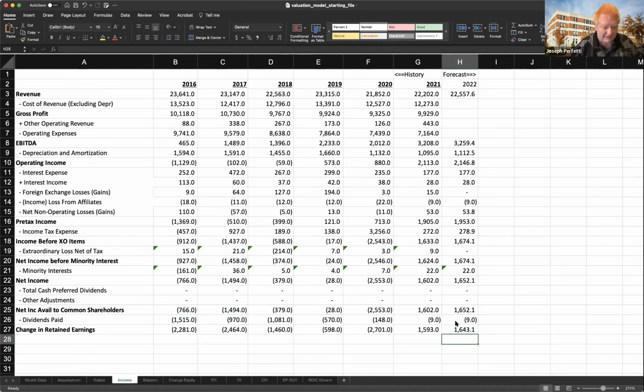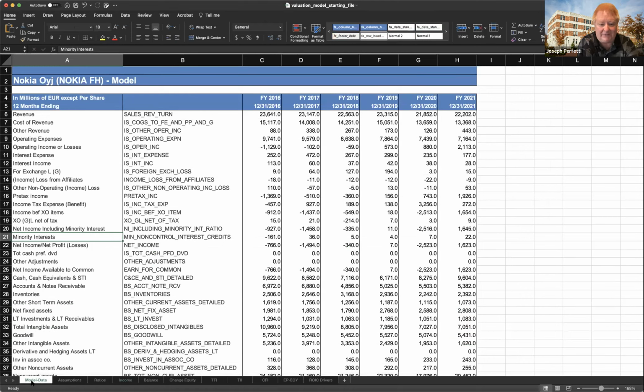Why am I adding the negative? This is because of our data feed. I started the class by telling you we're taking a raw data feed from Bloomberg: income statement, balance sheet, cash flow. On the income statement, revenue is coming from Bloomberg, positive number. Cost of revenue, positive number. Operating expenses, positive number. Interest expense, positive number.